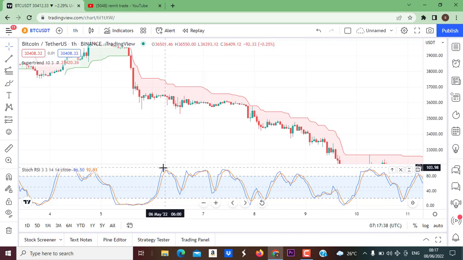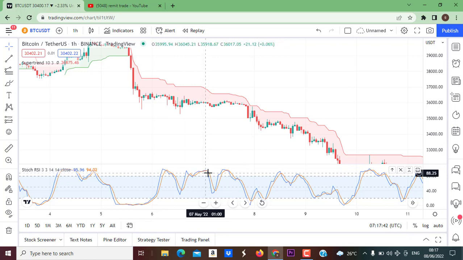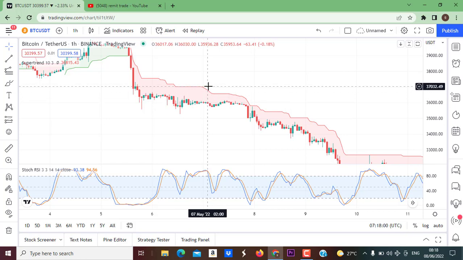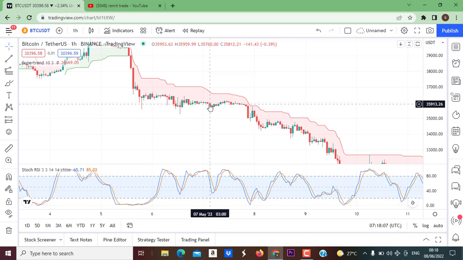So this could have been a nice place to trigger a short position in this strategy. When you enter your trade when the stochastic is at overbought condition, it will be very difficult for the market to move up again 2% or 3% above. So with this, you are setting an appropriate stop loss and managing your risk very well.